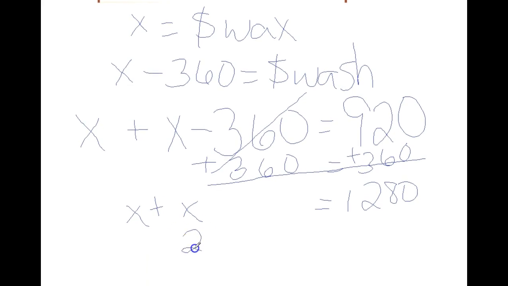X plus X is 2X equals 1280. To get X alone, since it's 2 times X, we do the opposite. We divide each side by 2. And then we're left with X equals 640.